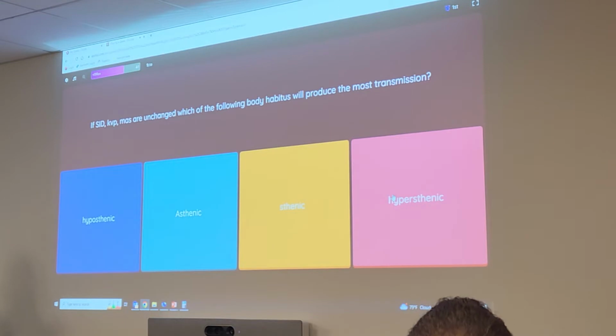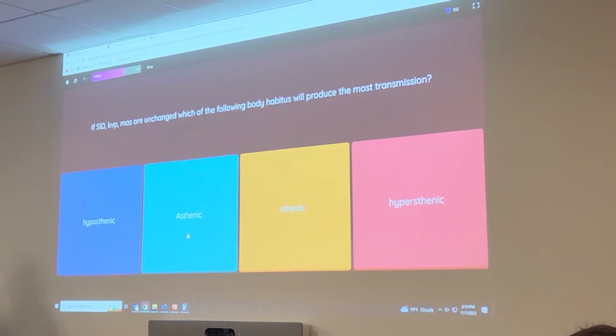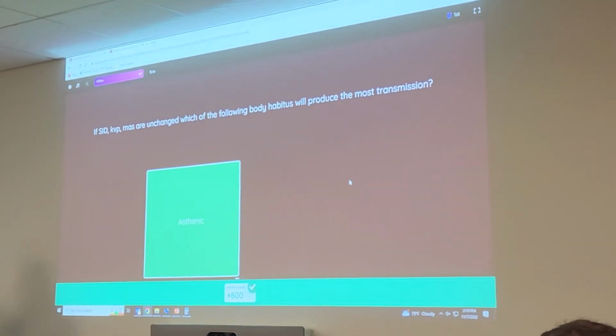If it's unchanged, which of the following... Oh, it went through. Everybody understands this, right? It's just like the other ones, but we're not looking for absorption, we're looking for what went through.